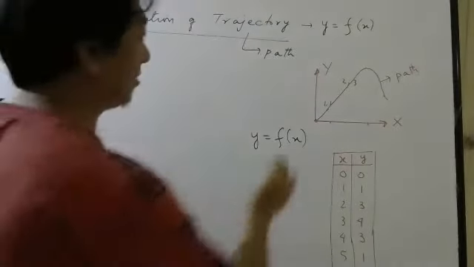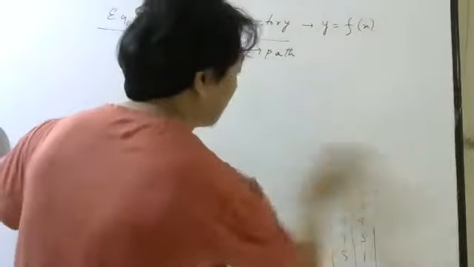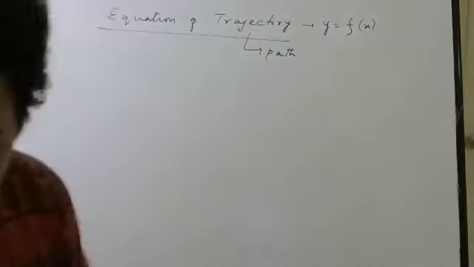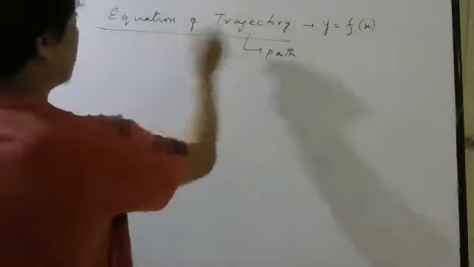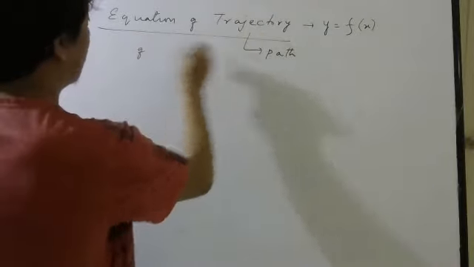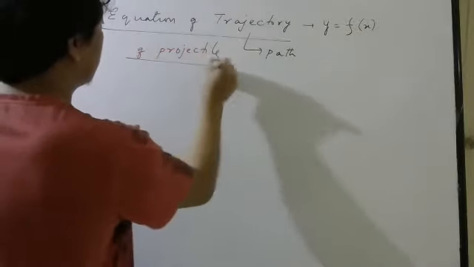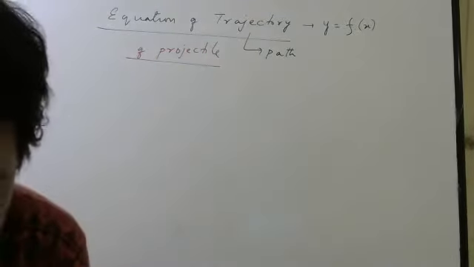Okay, students, that is what we have to try to solve. Very simple it is, don't worry. Just to explain this, I have done this part. Now you concentrate. Equation of trajectory of projectile. So let us start.